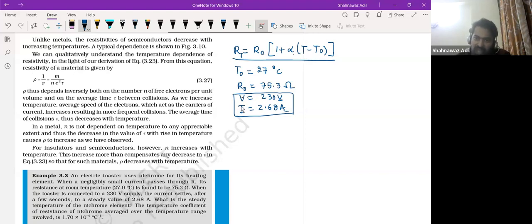So from V and I, what can we calculate? Please think and tell me. We already have this, we already have this.